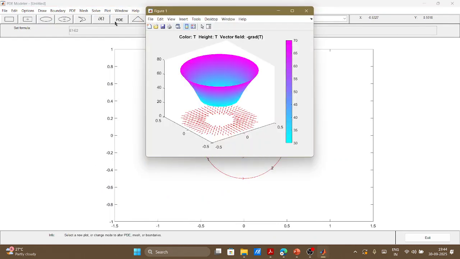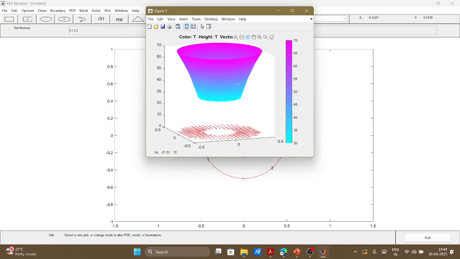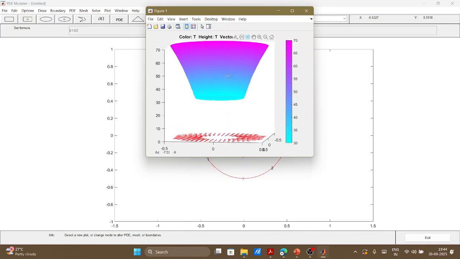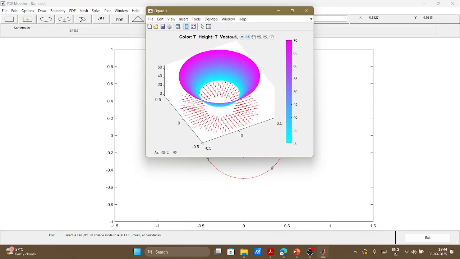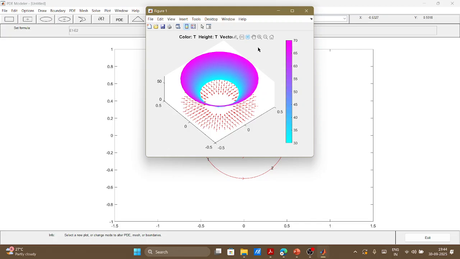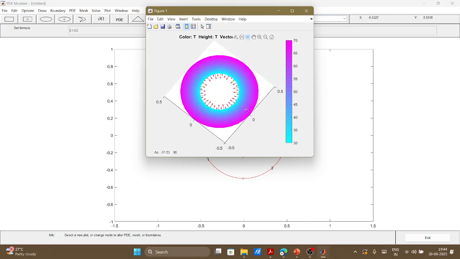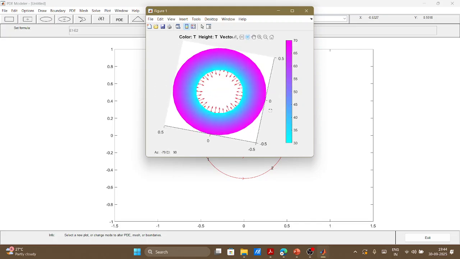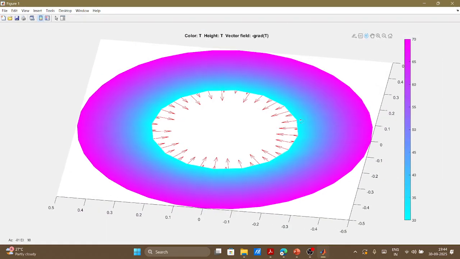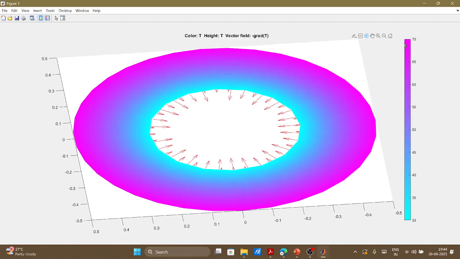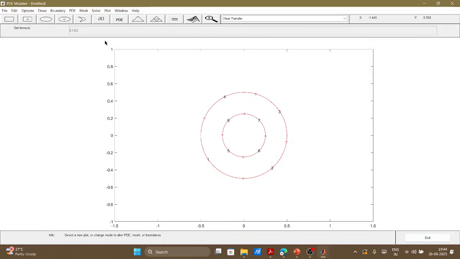Solve PDE. Okay, yeah. So basically we are getting the faster gradient.